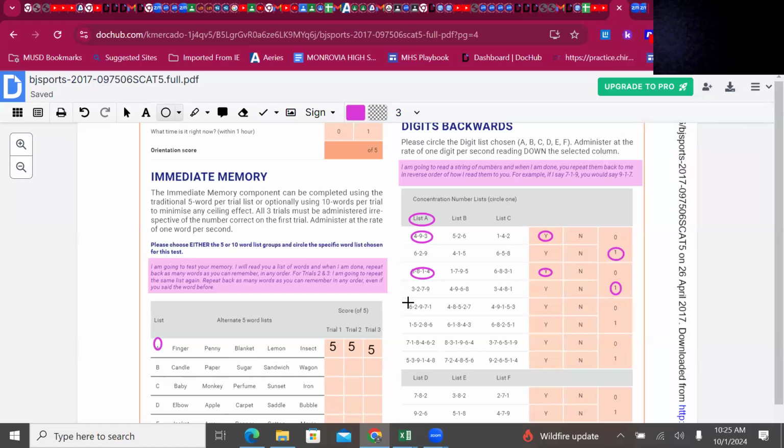So I would circle 62971, and I'd circle no. I would go to the next set of 5 numbers, and let's just say, for example, she got it correct. She answered correctly, so I would circle yes. I'd give it a 1.